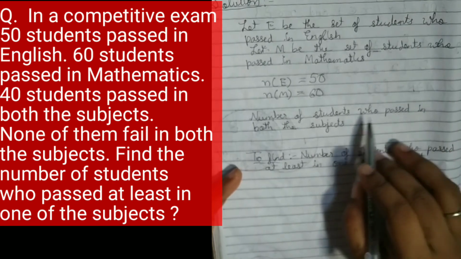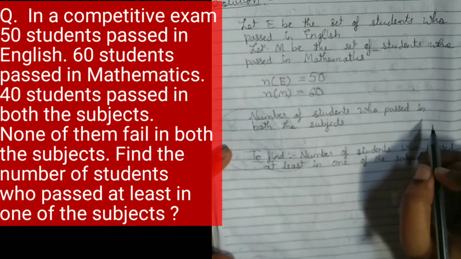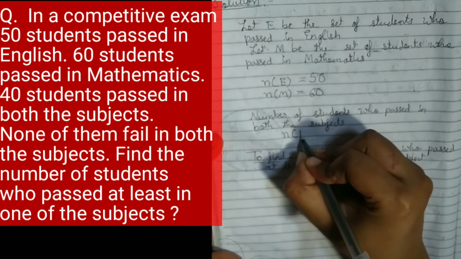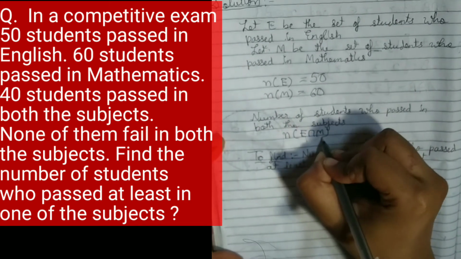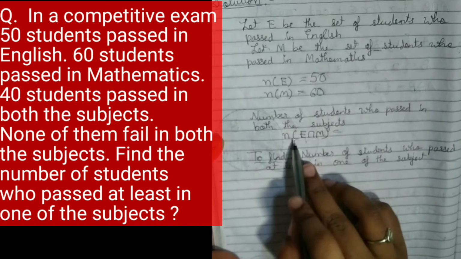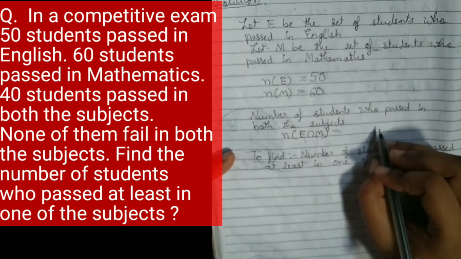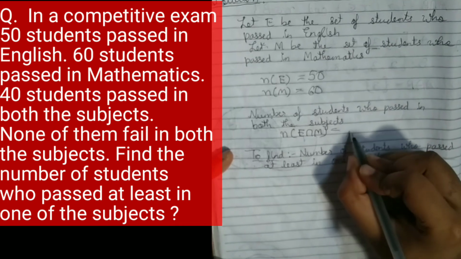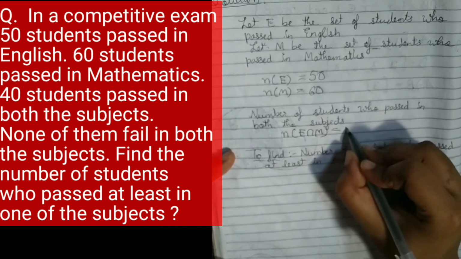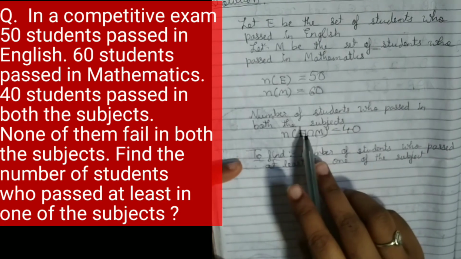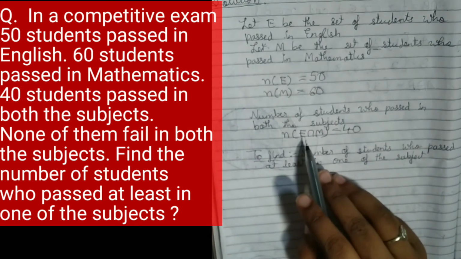So, the number of students who passed in both the subjects means we have to find the number of E intersection M. Okay, how many students? It is given in the question. How many students passed in both the subjects? 40 students. Okay, passed in both the subjects means we have to take the intersection.